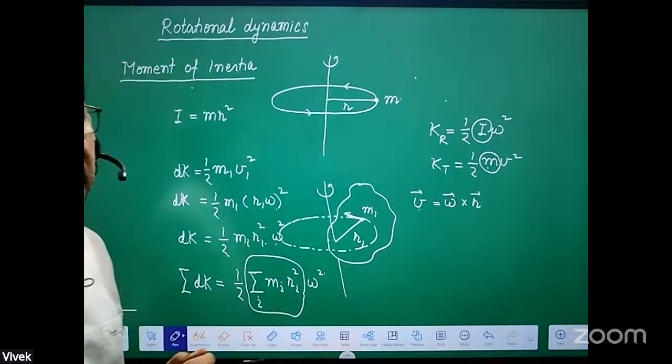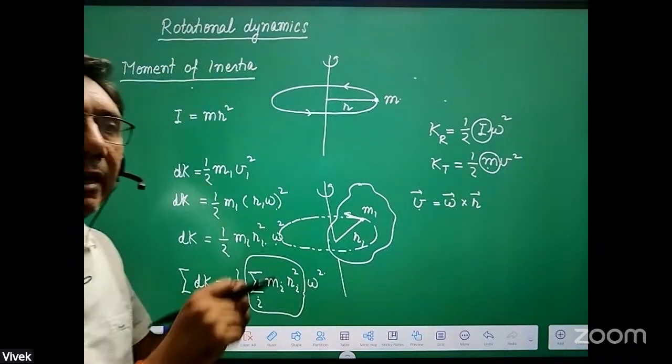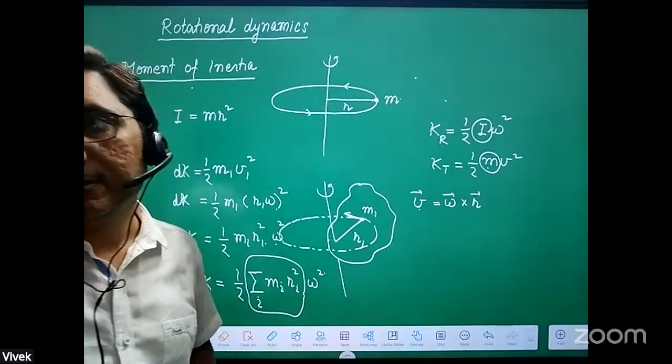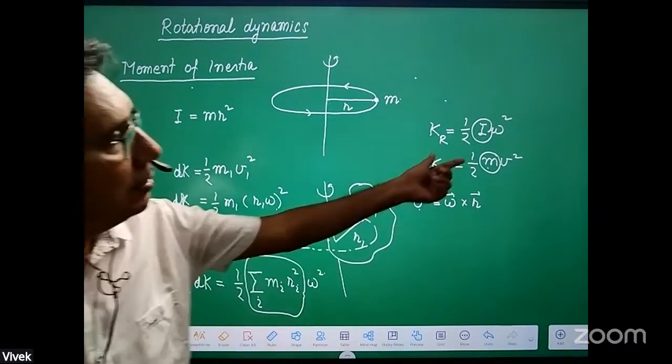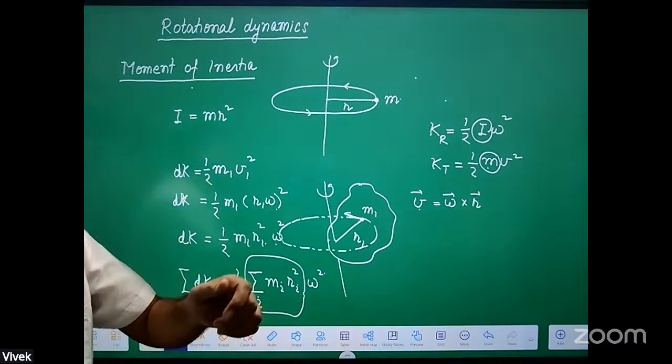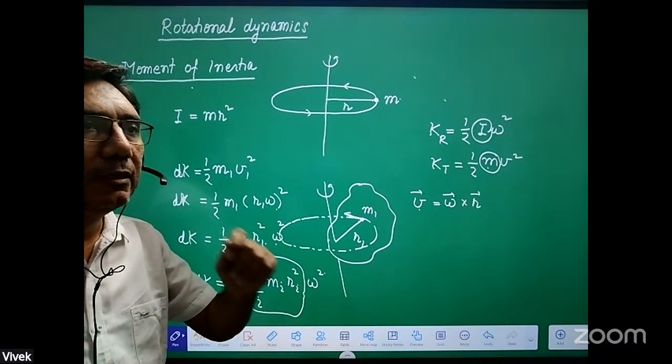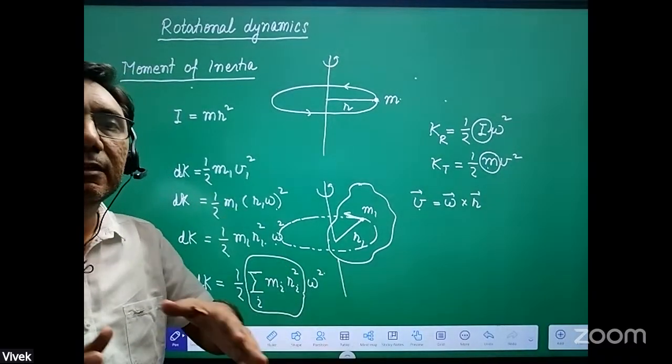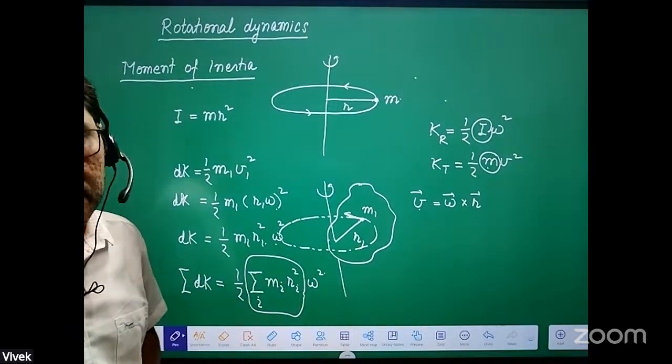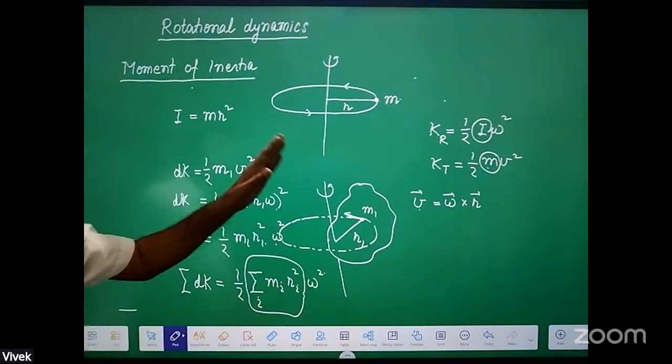Mass opposes any change in translational motion. Similarly, moment of inertia is the property that opposes any change in the state of rotational motion.